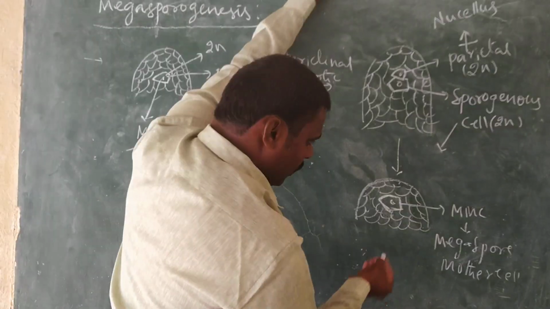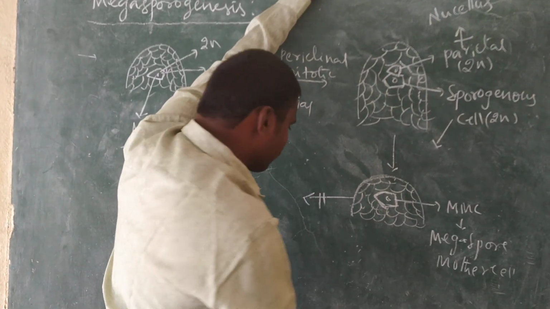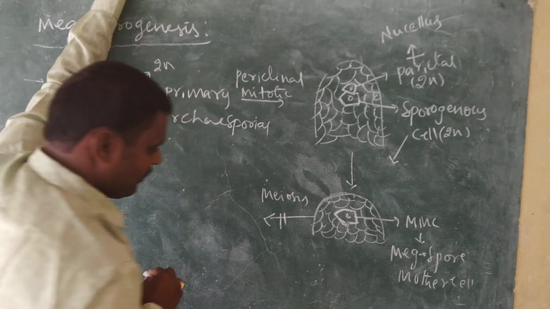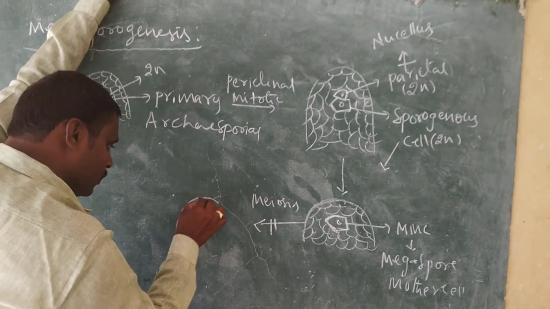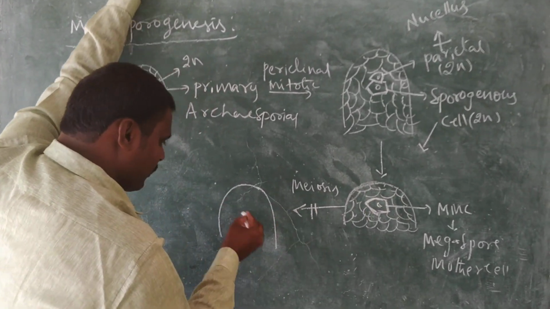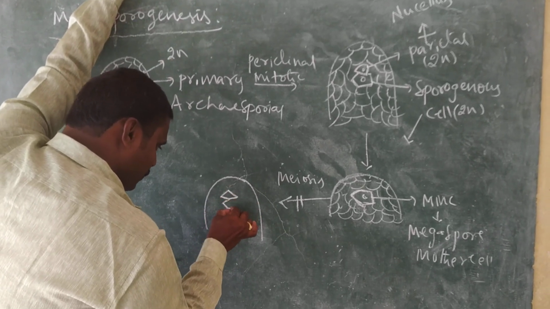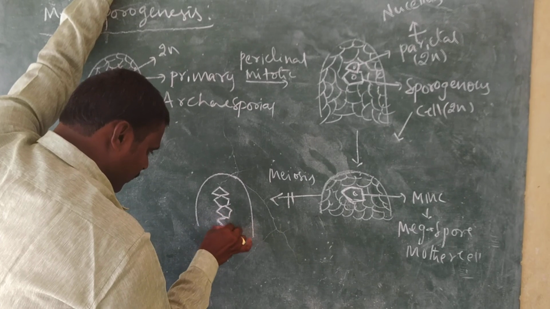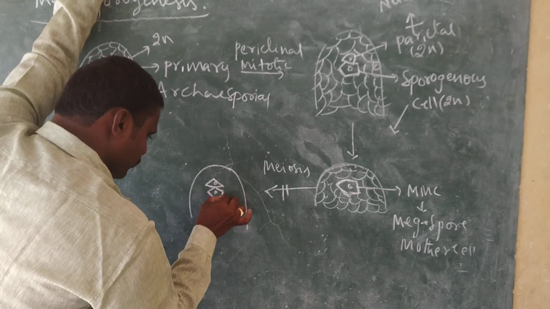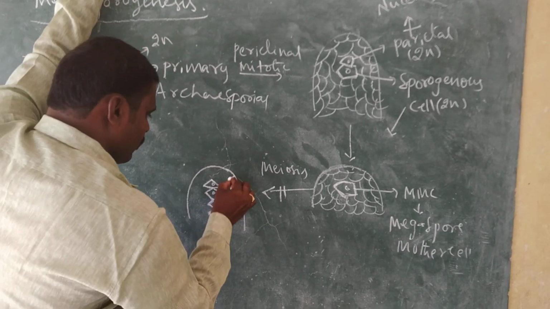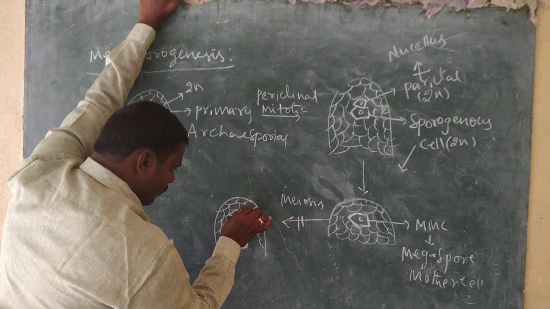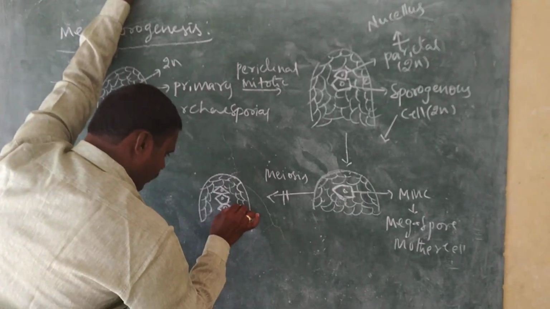After formation of the MMC, the megaspore mother cell undergoes meiotic division, or reductional division.